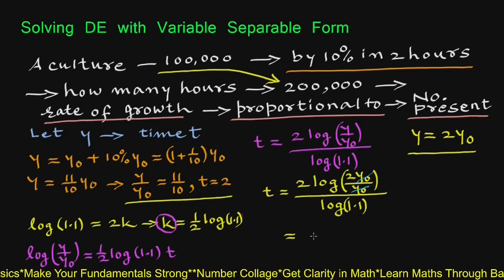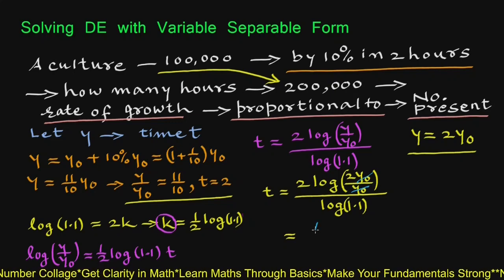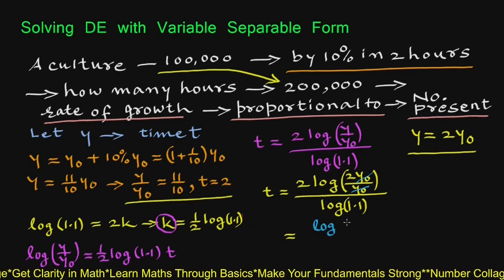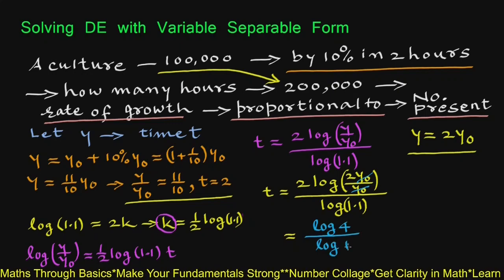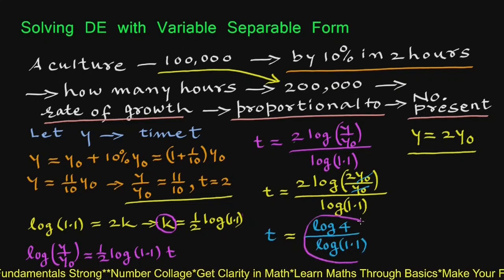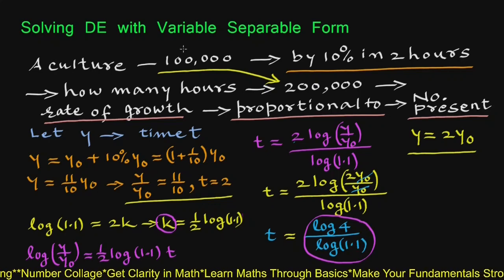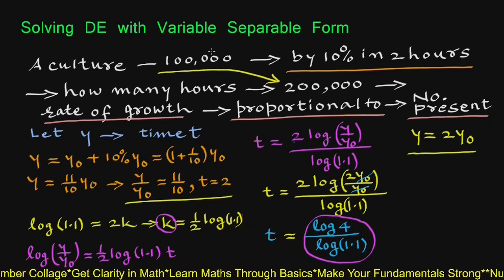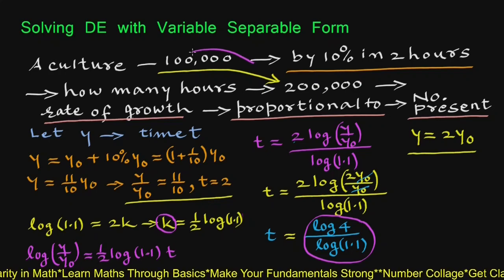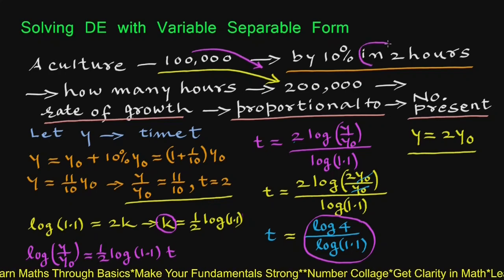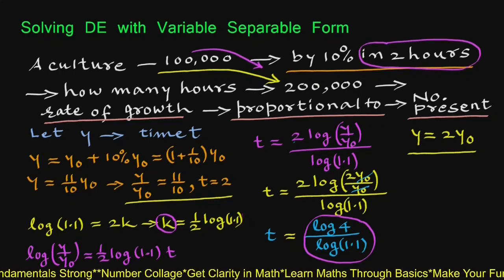Cancelling y0, this will be 2 log 2 or log 2 square or log 4 upon log 1.1. So this much time, log 4 upon log 1.1, will be required to increase the bacteria count from 1 lakh to 2 lakh.